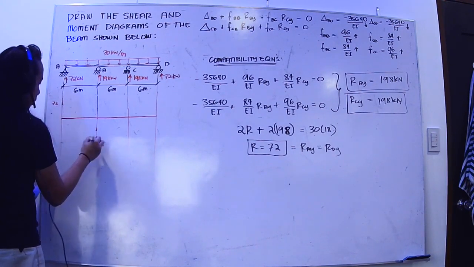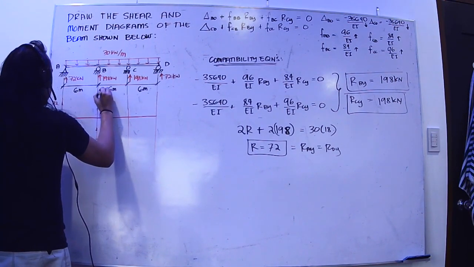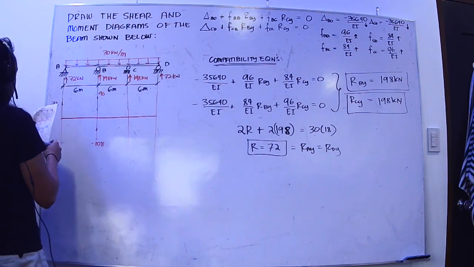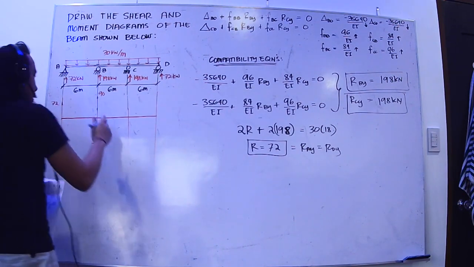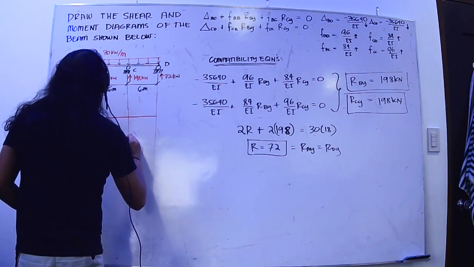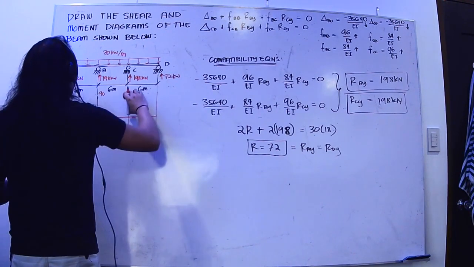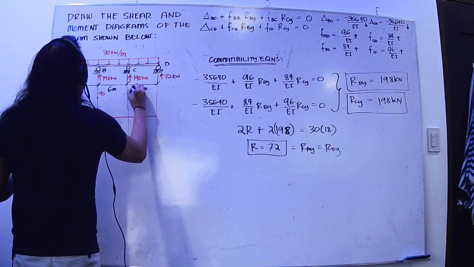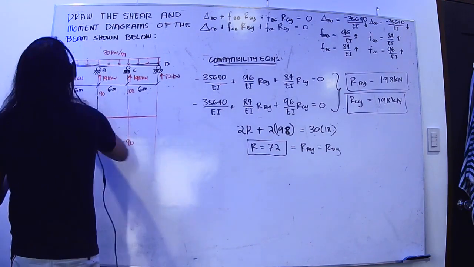If I were to add 90, that should be equal to negative 18. 30 times 6, that is 180, minus 90. Then by conclusion, that should be equal to negative 72.